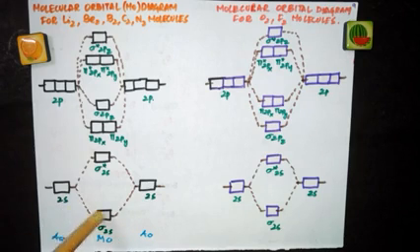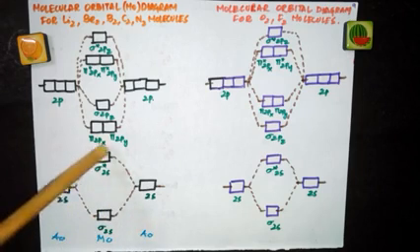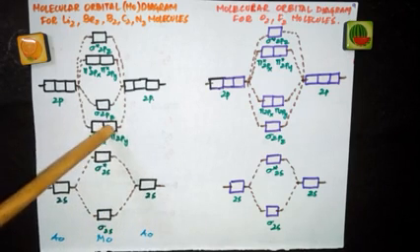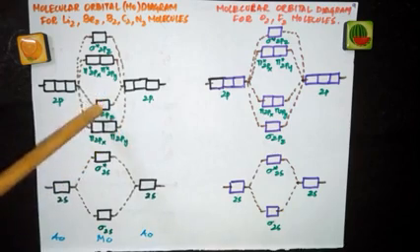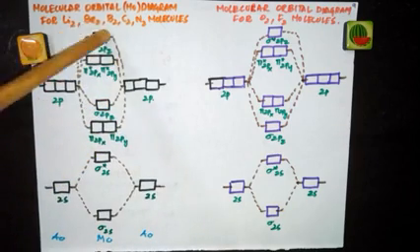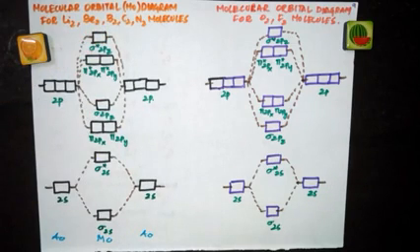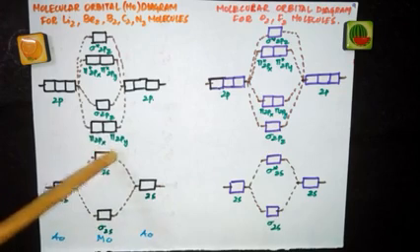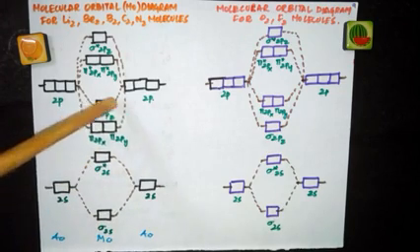So when you are filling the electrons, 1, 2, 3, 4, 5, 6, 7, 8, 9, 10, 11, 12, 13, 14, 15, 16. This is the order you are supposed to fill, depending upon the molecule that you are taking and the number of electrons present in that molecule. I repeat, 1, 2, 3, 4, 5 and then 6.